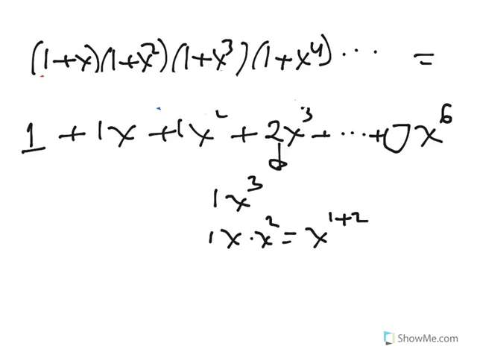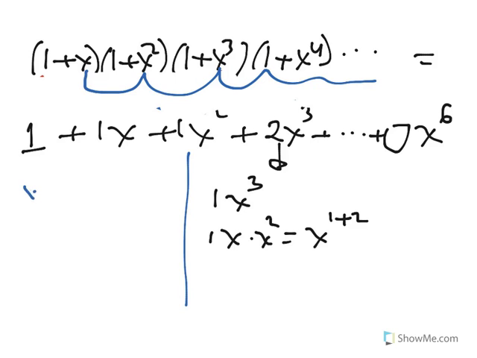The way I'm going to get the x to the 6th term is, I could use x, x squared, x cubed, and then 1s from then on. So I could say x times x squared times x to the 3rd, which is x to the 1 plus 2 plus 3, which is x to the 6th.